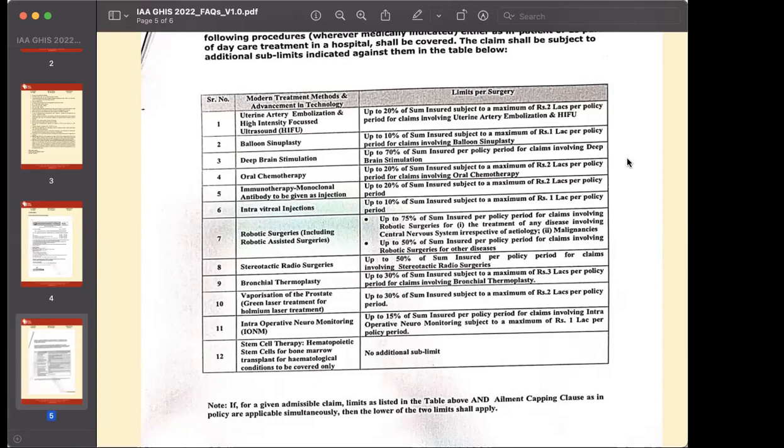Along with this, there are the normal exclusions that are in every policy, like non-payables, which will be cotton, gauzes, consumables. These will be an exclusion. And cataract is 30,000 per eye, but our experience is that should be enough, because in a standard hospital 30,000 is more or less sufficient.